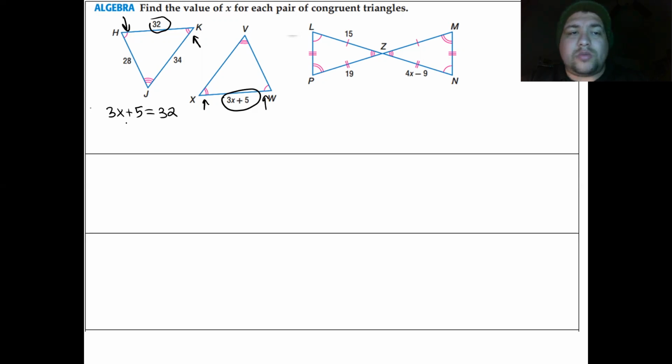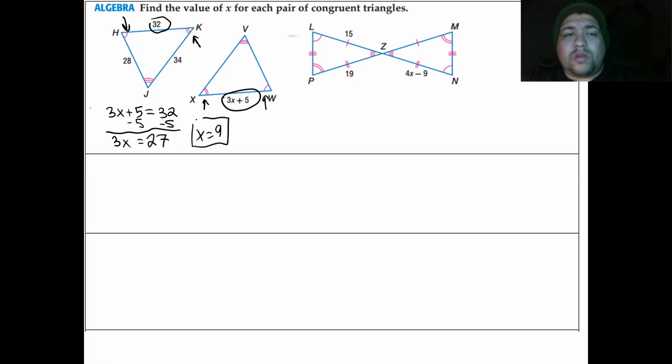We're going to subtract 5 from both sides, and we get 3x is equal to 27. When you divide both sides by 3, we get x is equal to 9.